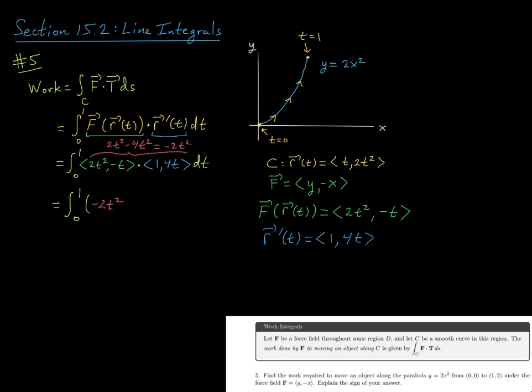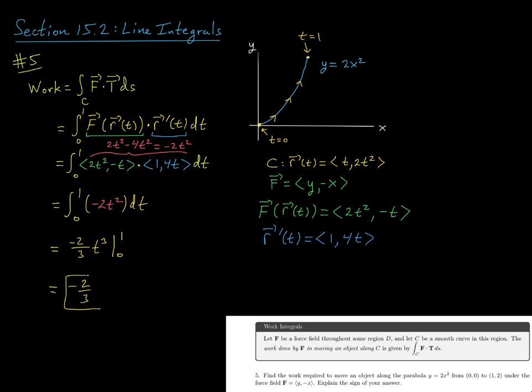Pretty simple. Then we're going to integrate that from 0 to 1, and that's going to give us minus 2/3 t cubed, evaluated from 0 to 1, and that's going to give us minus 2/3.